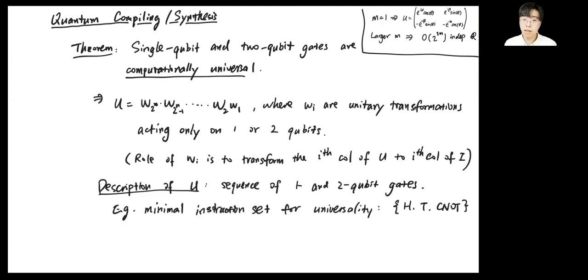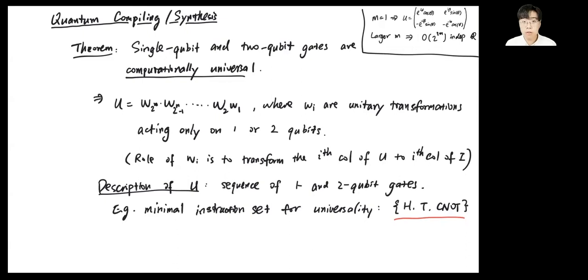Furthermore, these 1 and 2 qubit gates can be chosen from some fixed finite instruction set. For example, a minimal instruction set for universality is the Hadamard gate, T gate, and CNOT gate, where the T gate is something we haven't seen, but it's essentially a z rotation of pi over 4 angle.